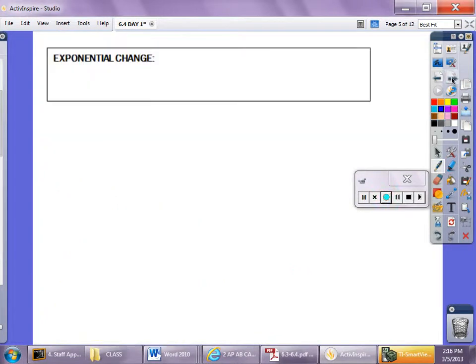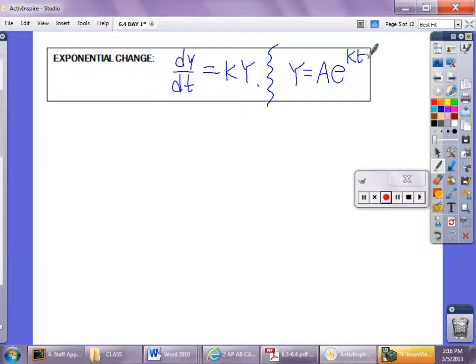So, the exponential change, you really want to deal with the fact that we're starting off with this equation. And yes, in the end, you do end up with this equation. That is going to be very helpful for us. All right?